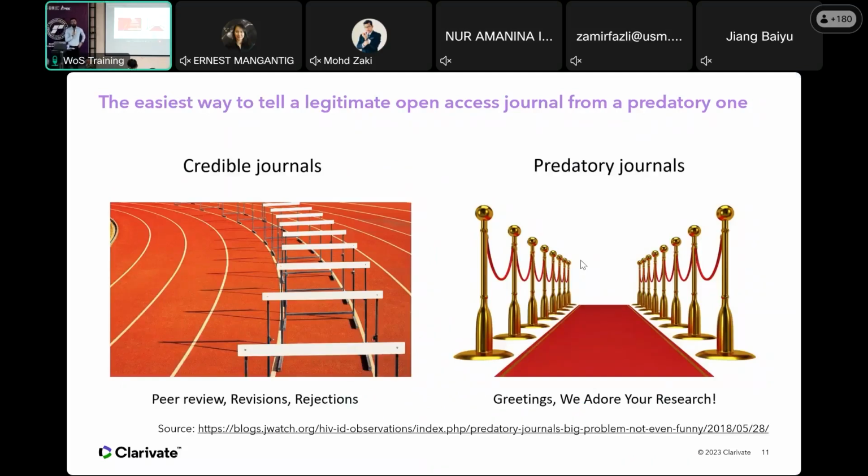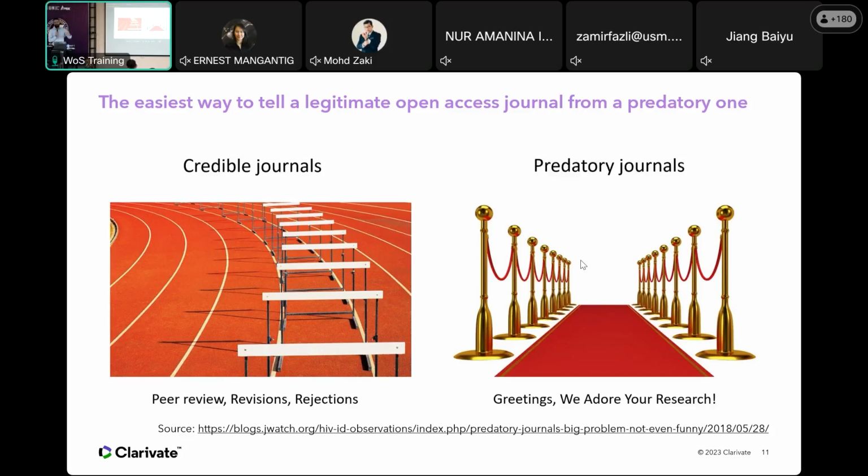So to summarize everything we know about credible journals and predatory journals, this is from the New England Journal of Medicine blog, where they compare credible journals and predatory ones. If you're submitting a paper to a credible journal, it will probably look something like this. There will be a lot of obstacles. There will be a filter by the editorial board.